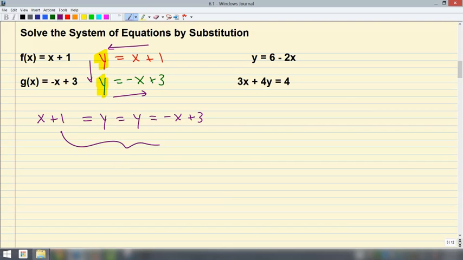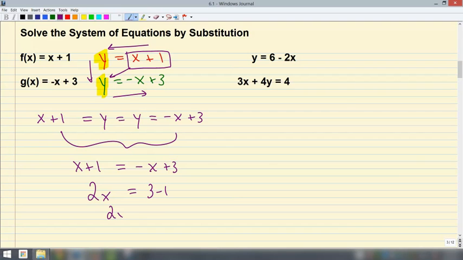And you can summarize this by saying x plus 1 equals negative x plus 3. You basically take what this y is equal to and you substitute it into the green equation. So everywhere you see a y in the green equation, replace it with x plus 1 from the red equation. This is 2x equals 3 minus 1, 2x equals 2, x equals 1.